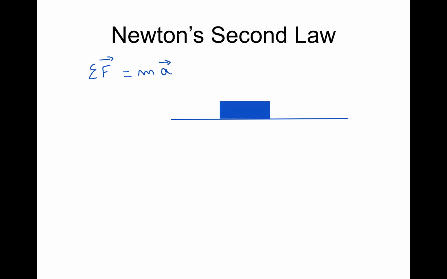This object has a mass m, so the weight from the center downward we have mg. And we push this object with F1. Here we have F1 and mg. And we have the reaction N like this.